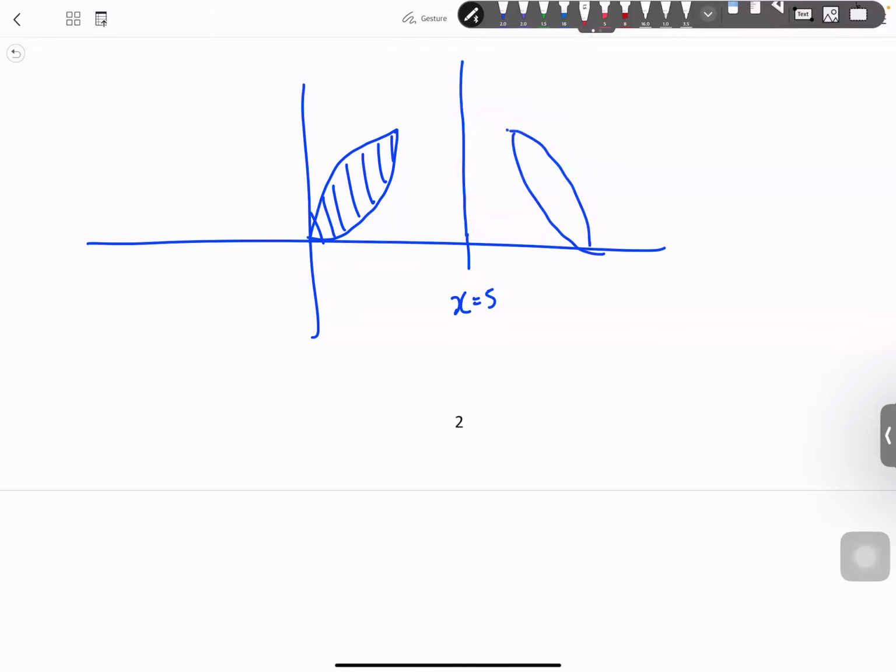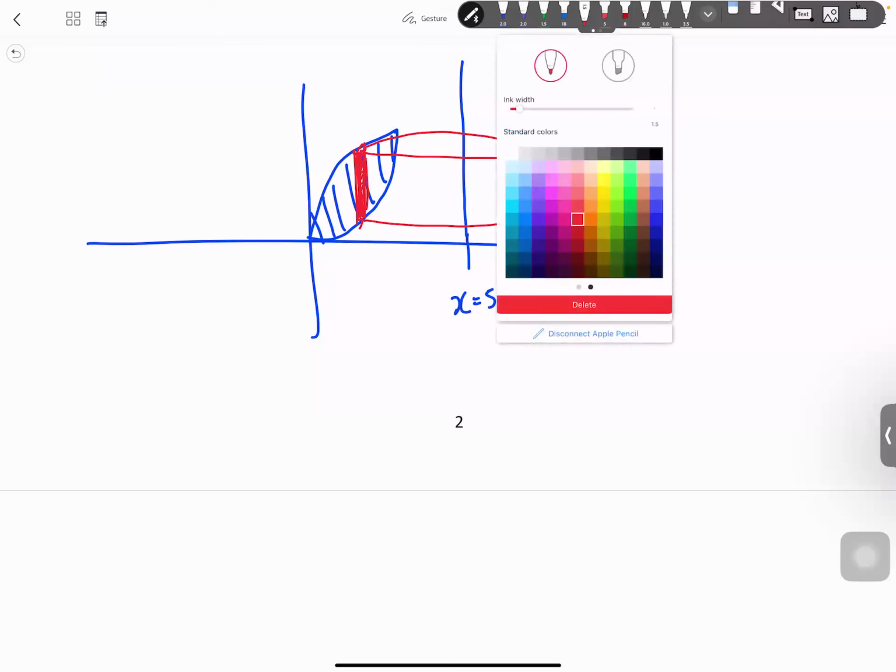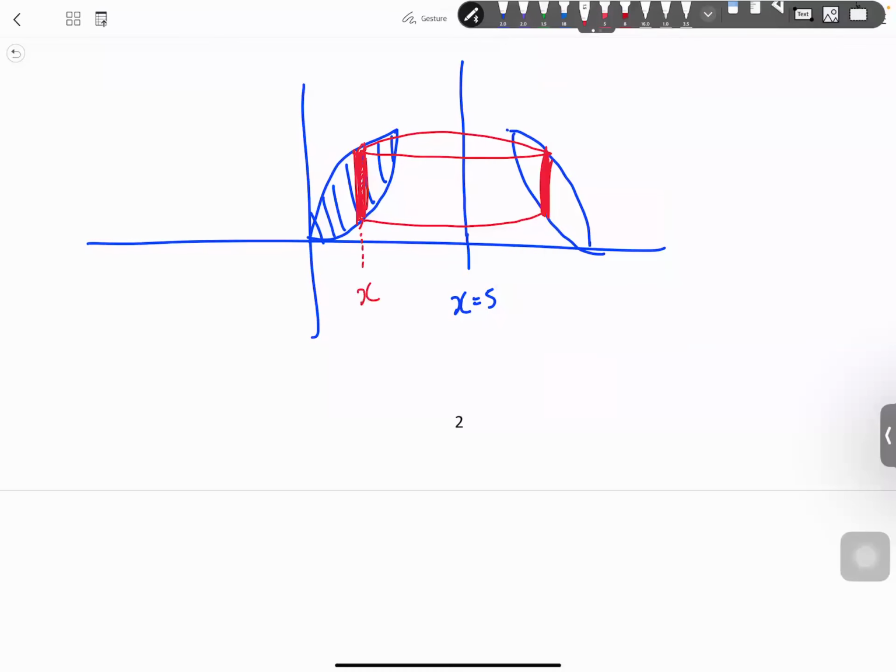So the shell method says really what we're doing is we're just considering one little shell, right? We're considering one little shell that has been rotated like this. We're calculating the volume of one shell at a time. For this particular shell, I drew it at an arbitrary point x.